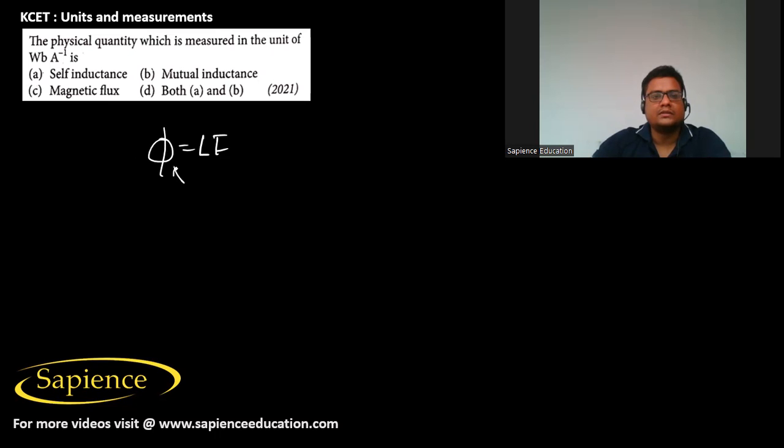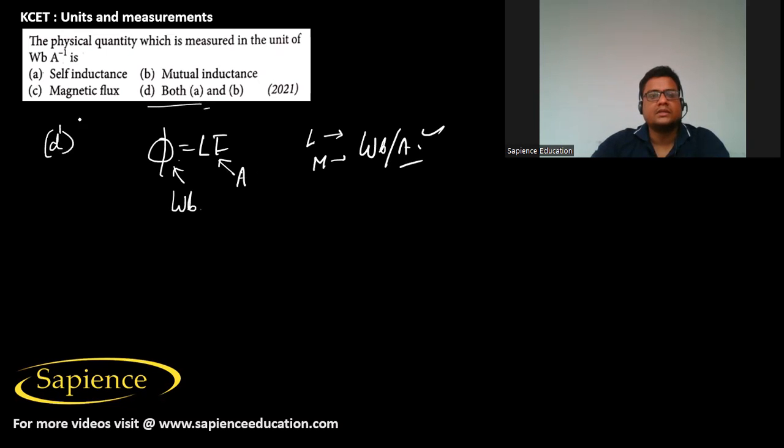So phi, the magnetic flux, its unit is Weber, and for current the unit is ampere. So the unit of L, which is self-inductance, or the unit of mutual inductance M, will be Weber per ampere. So it is both A and B. So option D is the correct answer.